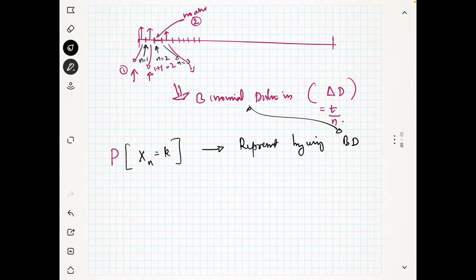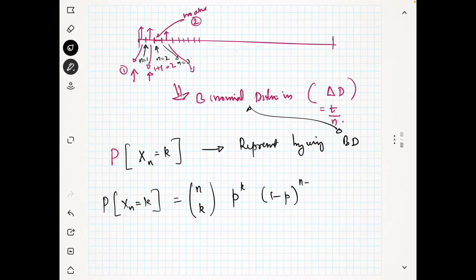In a small duration you can expect only one arrival, that means a person may come or may not come. So the probability that x of n takes the value k is n choose k, that we have already seen in the first few lectures, p raised to k into 1 minus p the whole raised to n minus k, and k takes the value 0, 1, 2, etc.